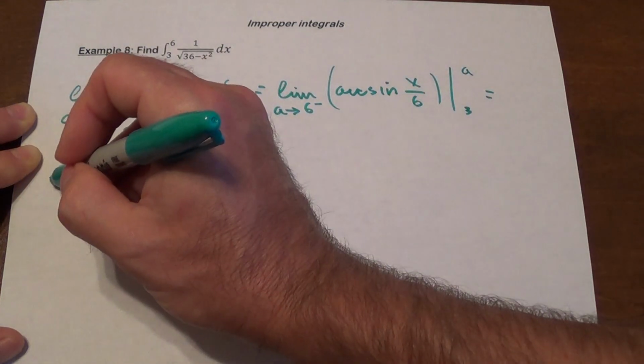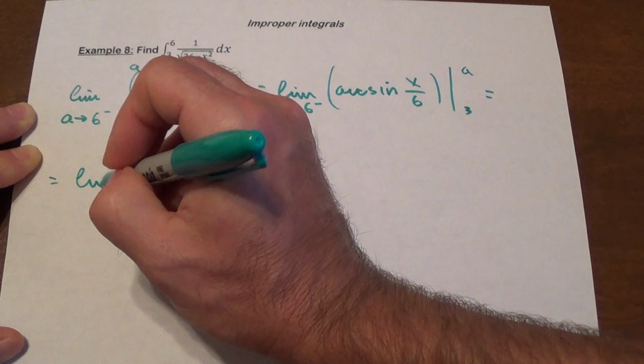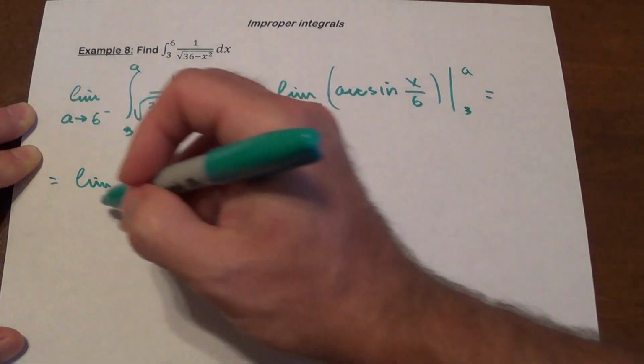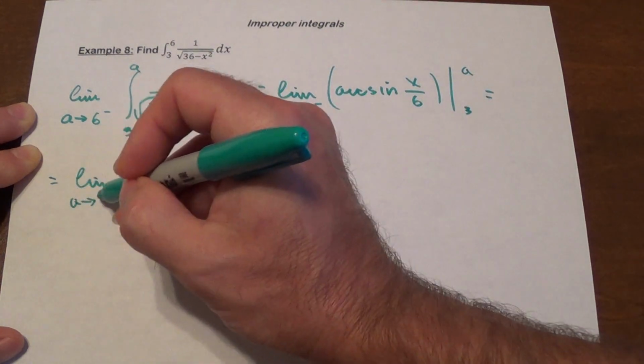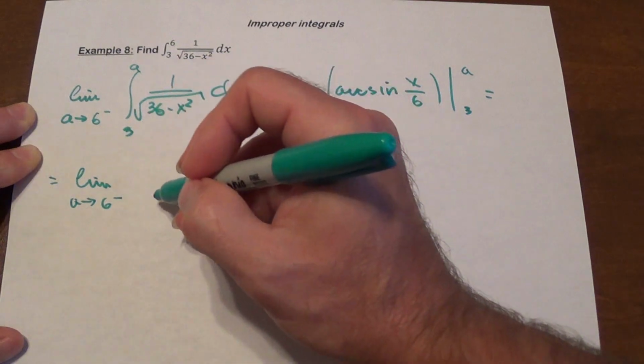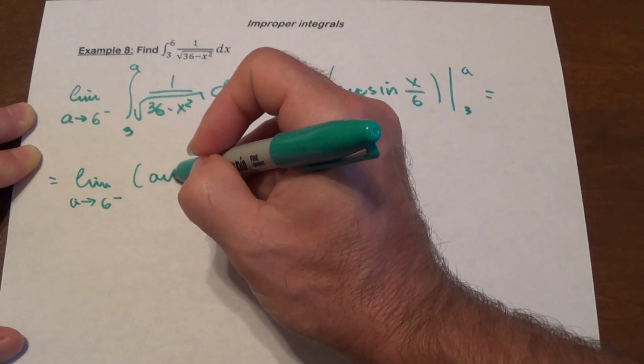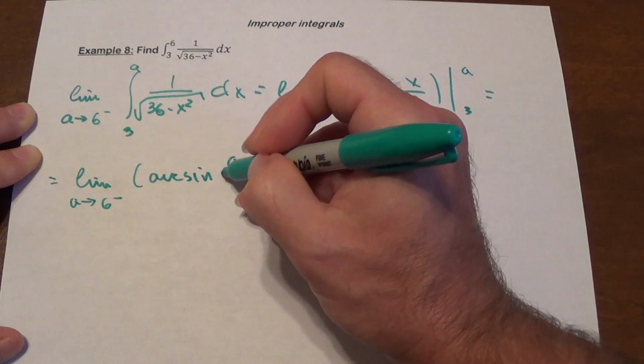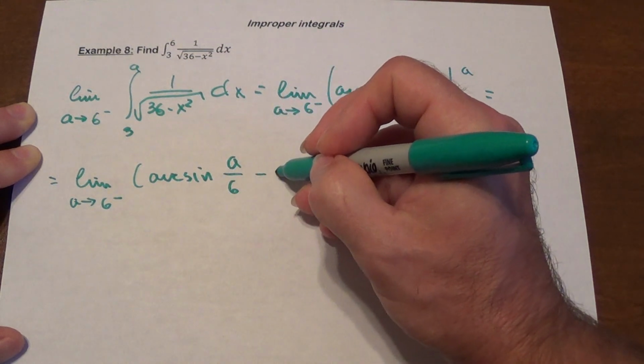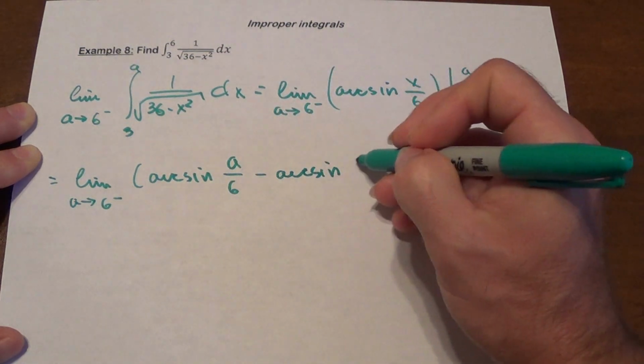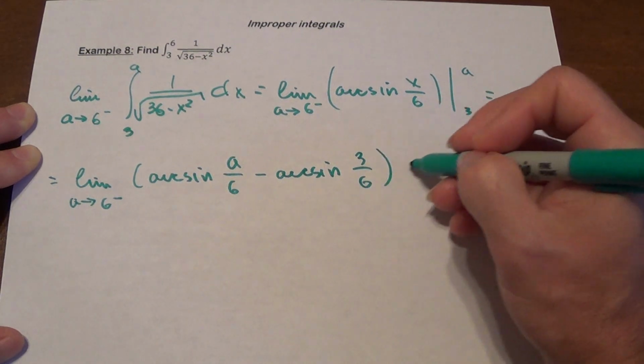Which is going to give us the limit as a approaches 6 from the left of arc sine a over 6 minus arc sine 3 over 6.